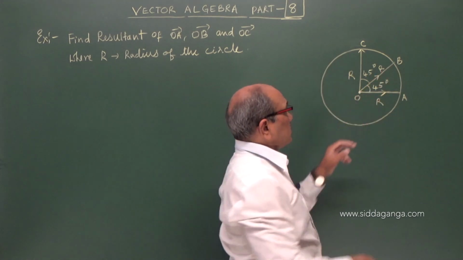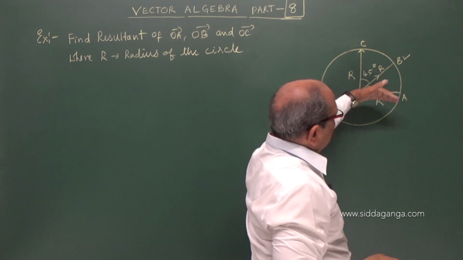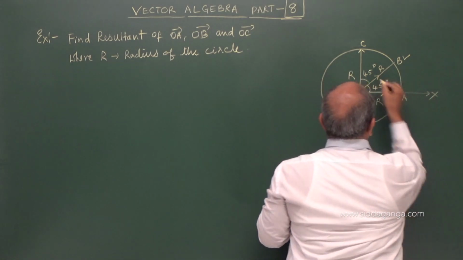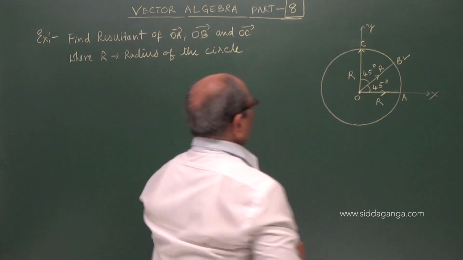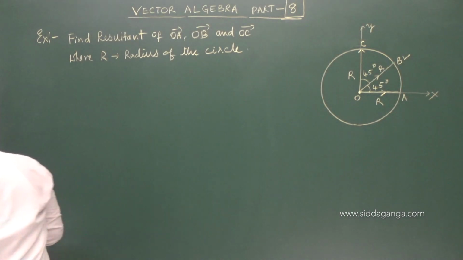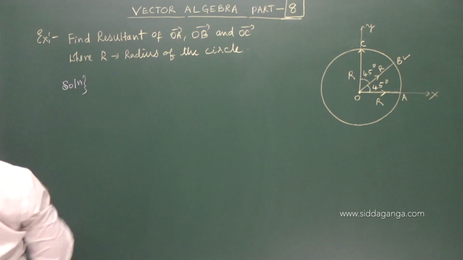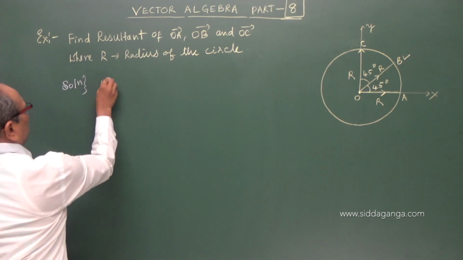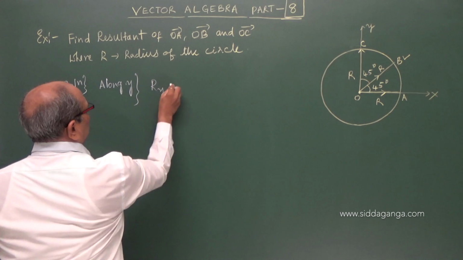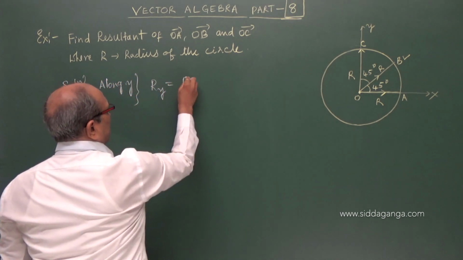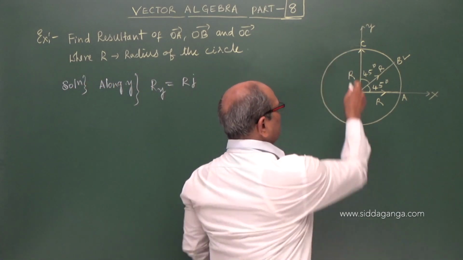You can resolve OB into 2 components, one along the horizontal X and another along Y. Along Y, the Ry component: one is Rj along the direction j.